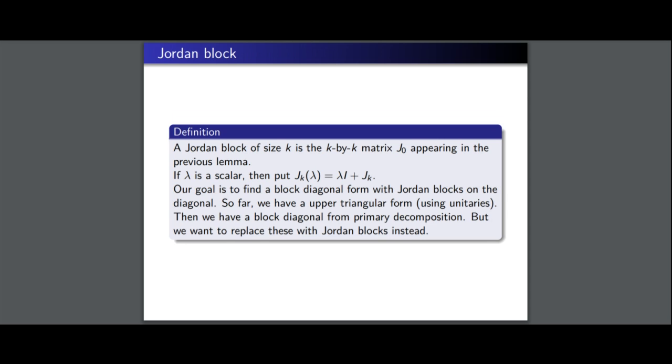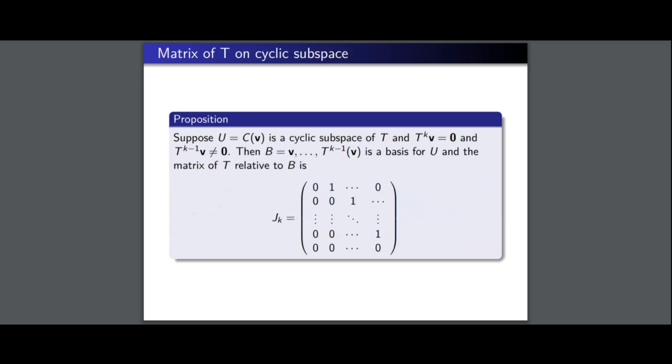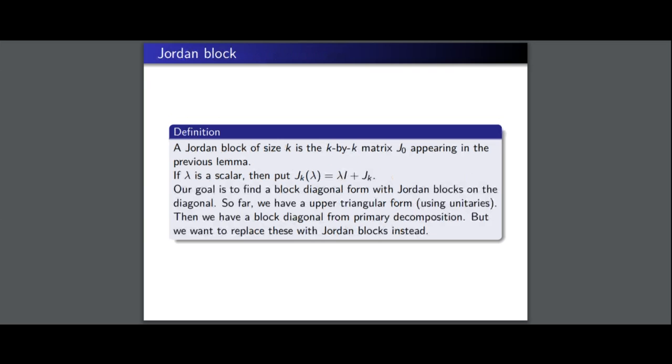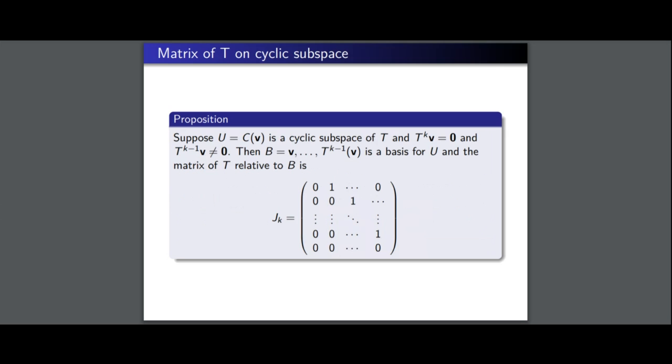Okay, so first we have a definition. A Jordan block of size K is just the matrix J sub K, which should be occurring here. So this J sub K is going to be called a Jordan block of size K. And if lambda is any scalar, we put J sub K of lambda, where we just adjust our Jordan block by putting lambdas along the diagonal.